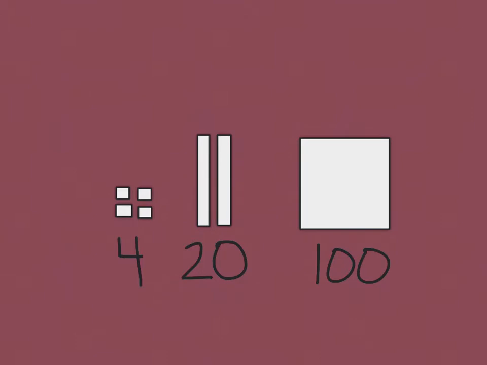Now looking at the problem, we can determine what the number is. Since there's 1 hundred, we will write 1 in the hundreds place. Next, we will write 2 in the tens place. And lastly, we will write 4 in the ones place, indicating that the number is 124.